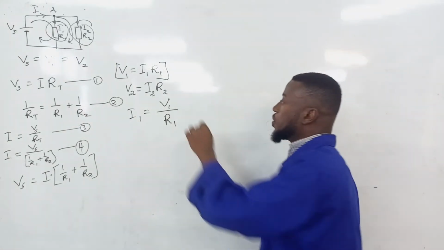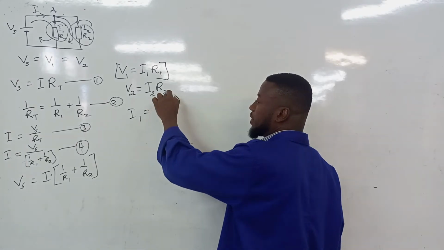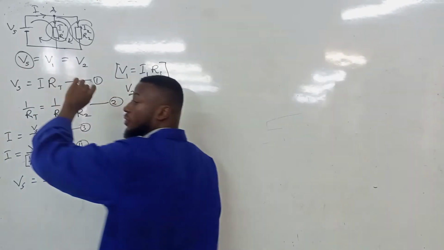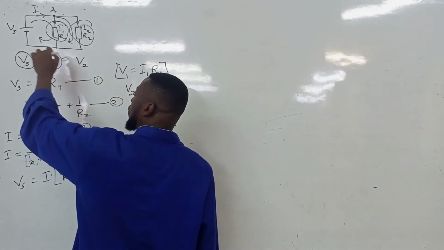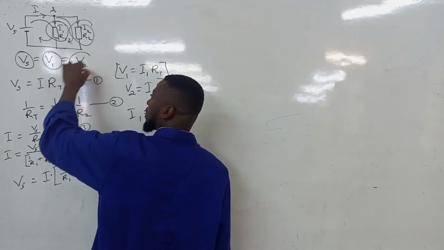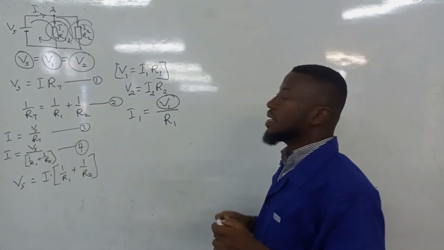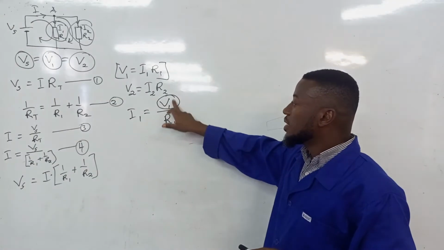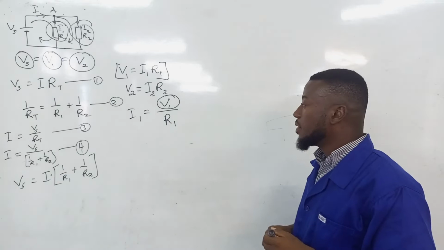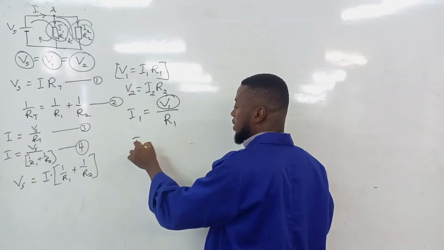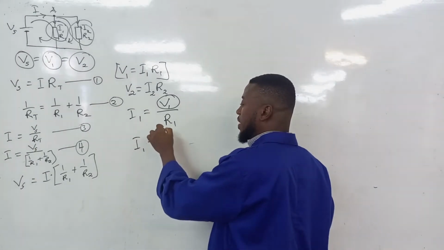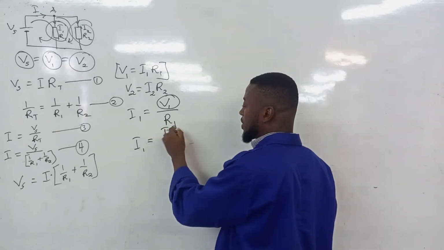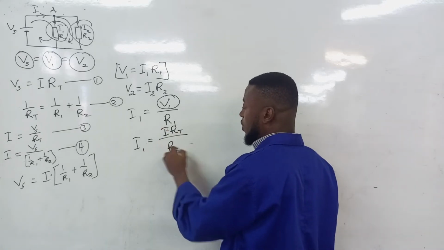Let's not forget the fact that V1 is the same as Vs, since the source of the voltage is equal to the drop at V1 and the drop at V2 because they are in parallel. With the relation V being equal to IR, you can say that I1 is equal to V on R1, which is I RT on R1.